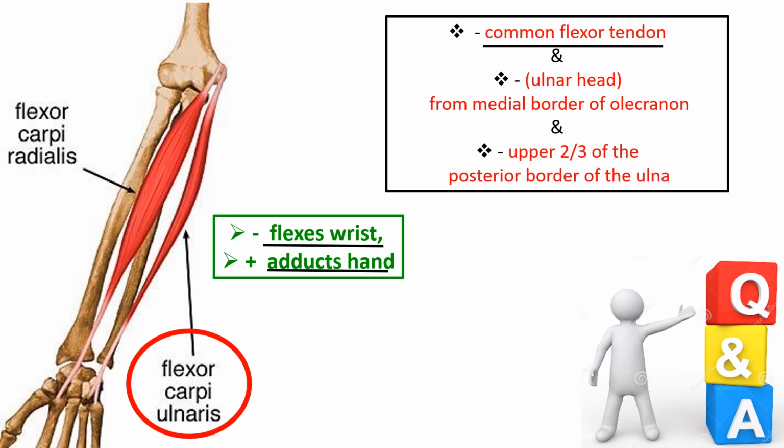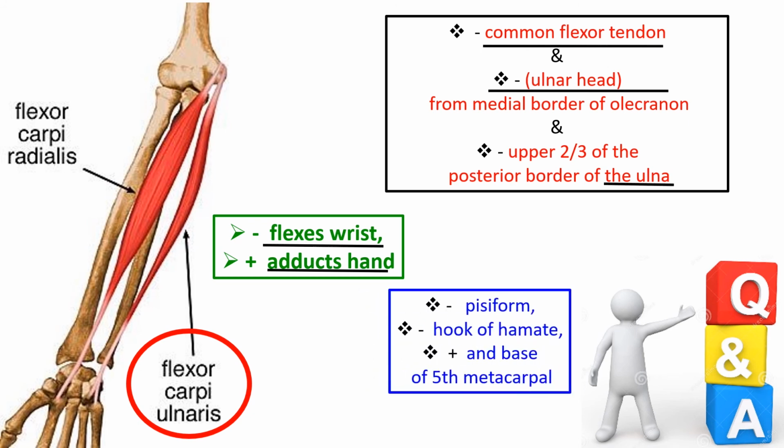Okay, that is the humeral head, and then it has the ulnar head from the medial border of the olecranon process and upper 2/3 of the posterior border of the ulna, and we have just seen that. And where does it insert? It inserts on the pisiform, the hook of hamate, and base of the fifth metacarpal bones.